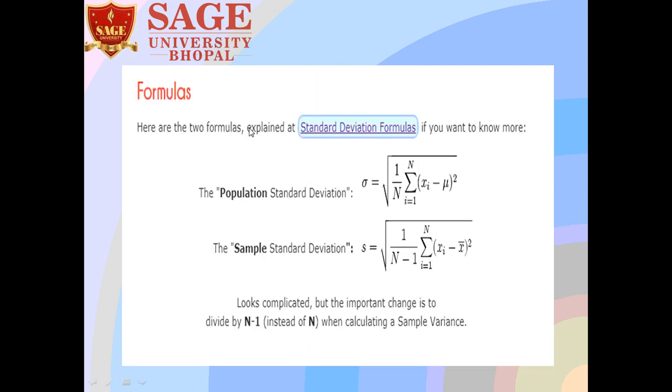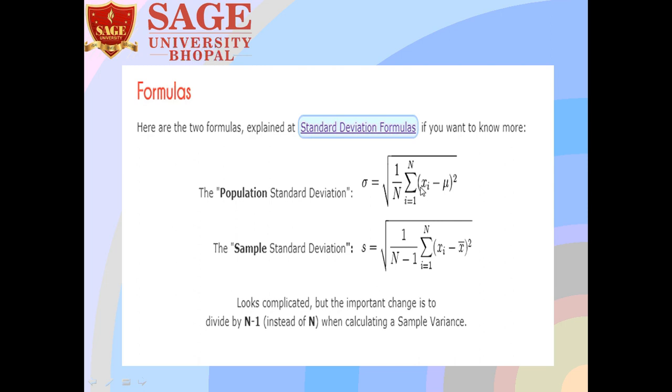And this is the formula for calculating it, a single line formula. What we did: we calculated the mean, then took the differences from each value, squared them, divided by n, the number of values, and then took the square root. That is why it is a single line formula.